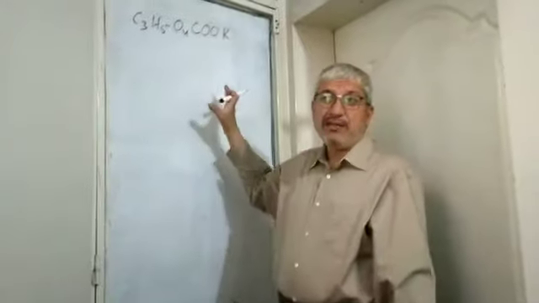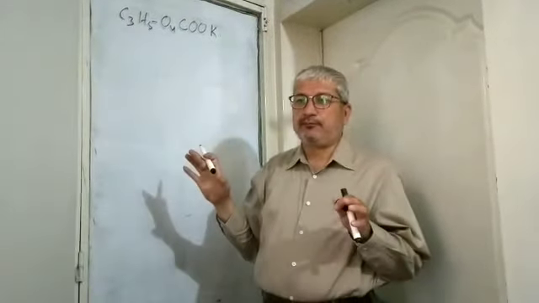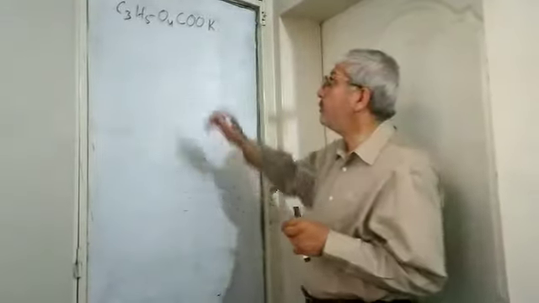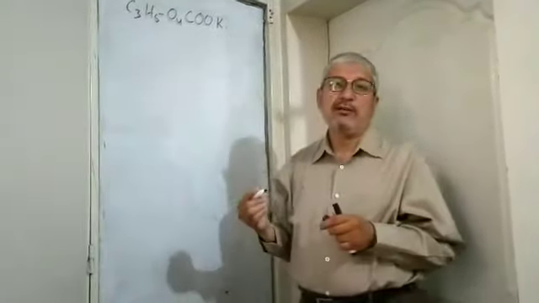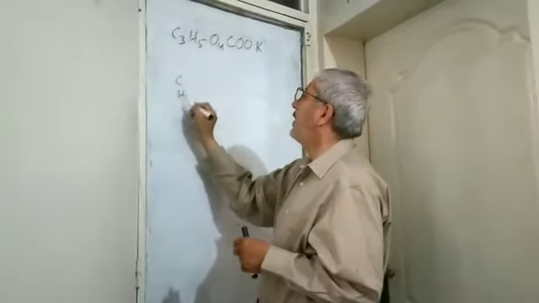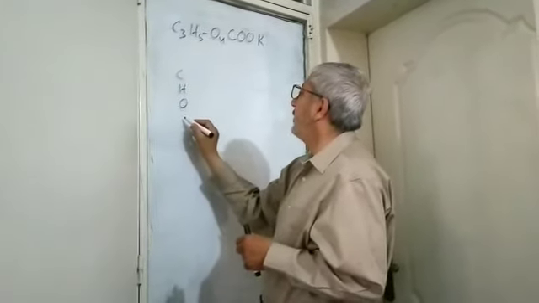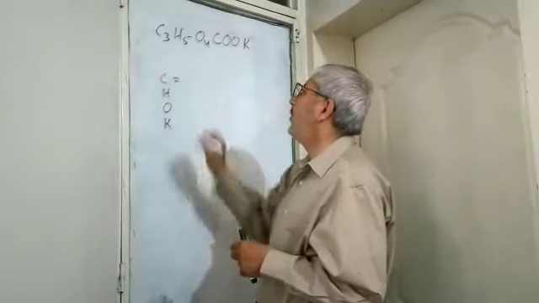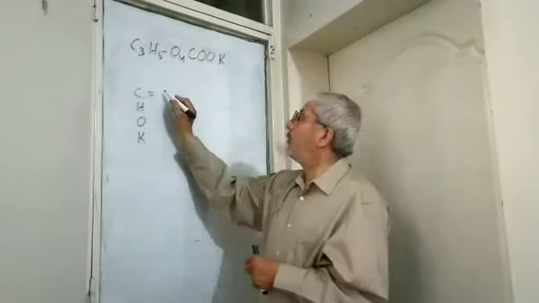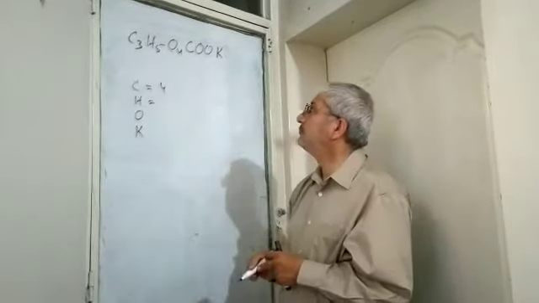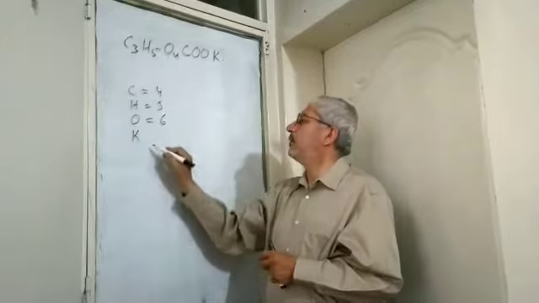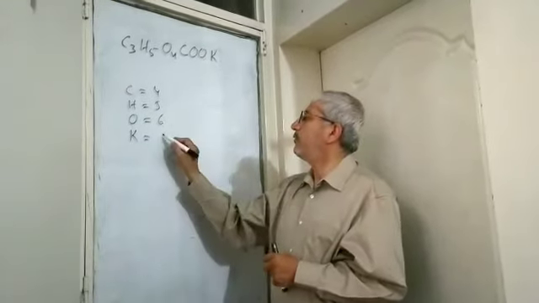Please don't be afraid or amused by the long formula. Just write how many elements are there: carbon, hydrogen, oxygen and potassium. How many carbon are there? 4. How many hydrogen? 5. How many oxygen? 6. Potassium? 1.